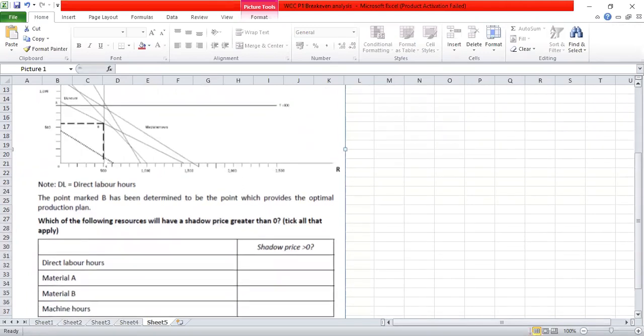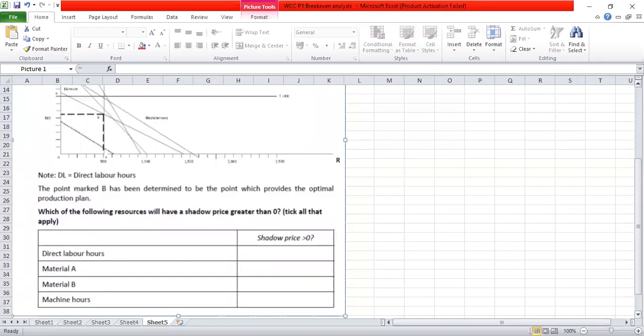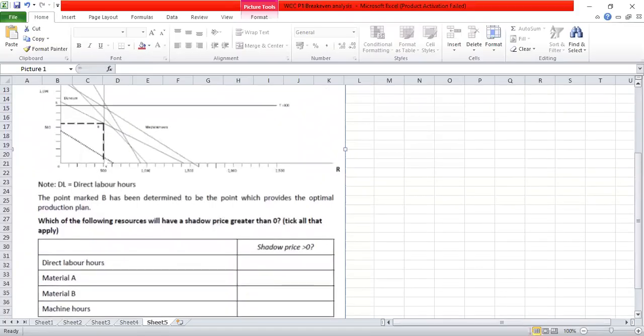Tick all that apply. There are 4 constraints: direct labor hours, material A, material B, mesh hours. When do we have a shadow price? When there is no underutilization, and the resource is utilized to the maximum extent.